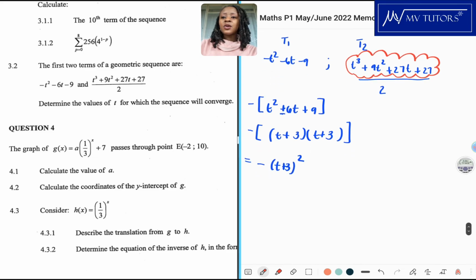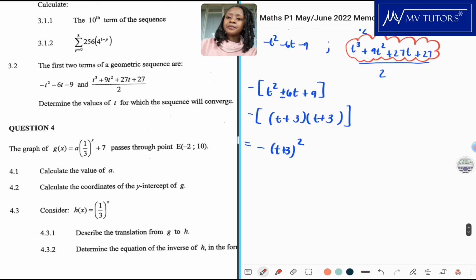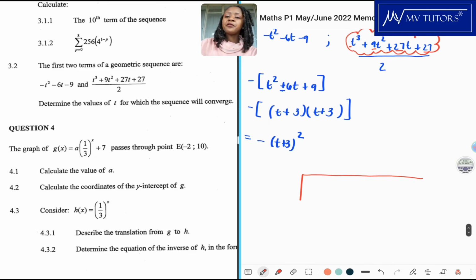With the synthetic formula, I'm going to do it in red. You take the coefficient of t cubed, which is 1, the coefficient of t squared, that's 9, the coefficient of t, that's 27, and the last term is 27. And we need at least one factor there.